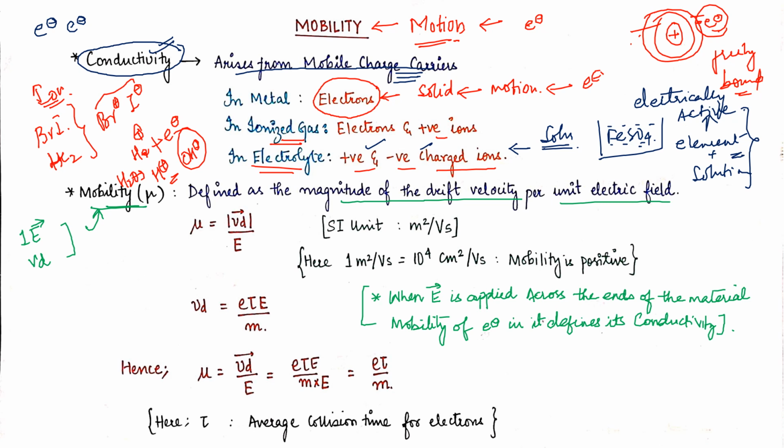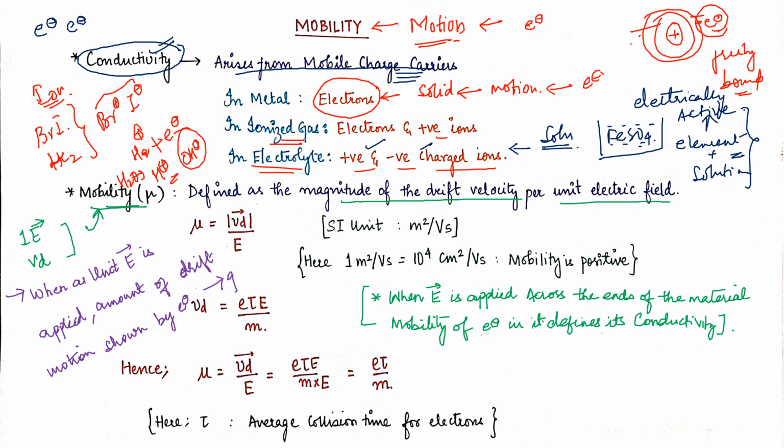I will write my statement once here for better understanding. When a unit electric field is applied, the amount of drift motion shown by electrons gives us mobility.